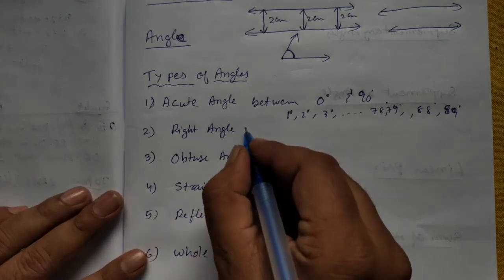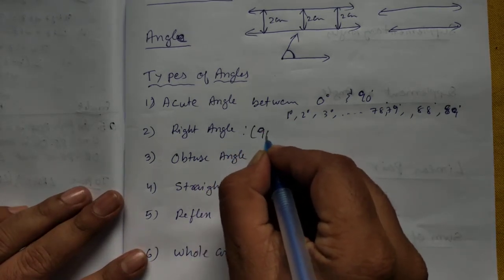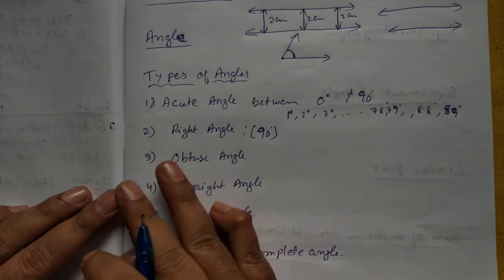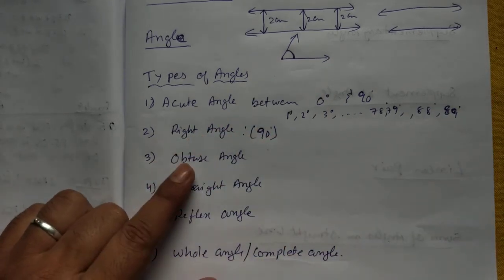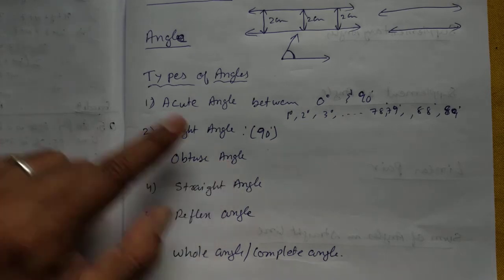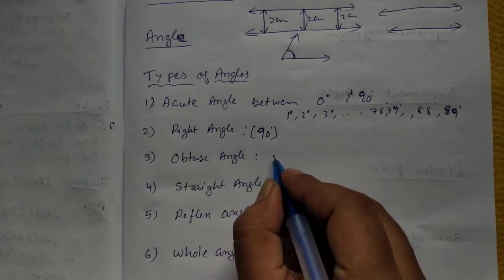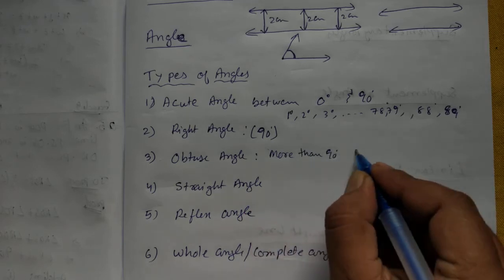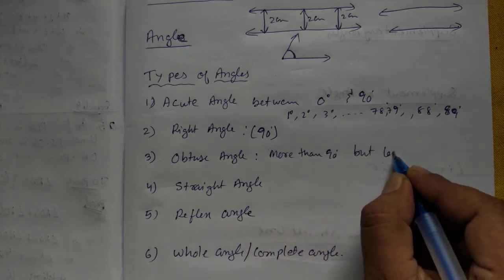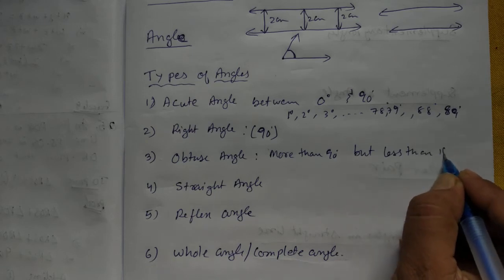Right angle means if the angle is exactly 90 degree, it's not more than or less than exactly 90 degree. Those angles are called right angles. Obtuse angle is if an angle is more than 90 degree but less than 180 degree.